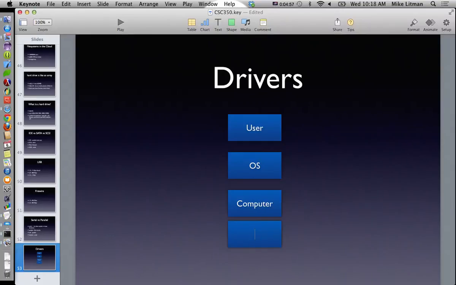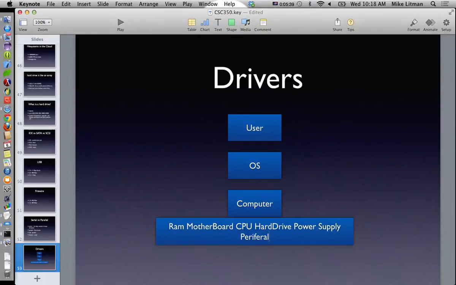RAM, board. Well, I can only type so fast. Here, we'll do it this way. RAM, motherboard, CPU, hard drive, power supply, cables.